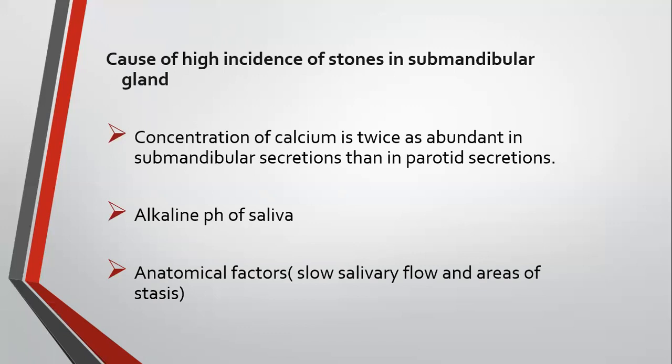So there are three reasons. This can come in the exam, and you need to answer in this way. The alkaline pH of the saliva contributes to the high incidence of stones in submandibular glands. Anatomical factors involve low salivary flow rate and areas of stasis where there is a blockage, and the concentration of calcium is higher in submandibular secretion than in parotid secretion.